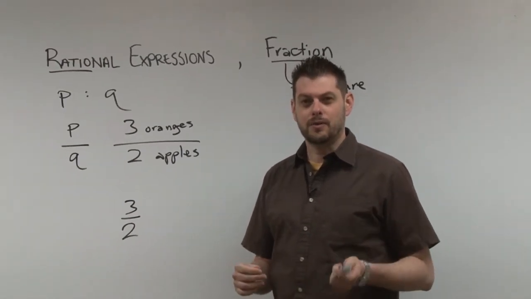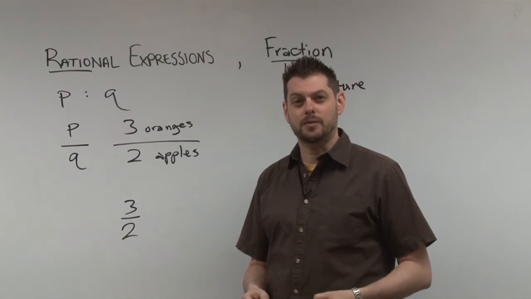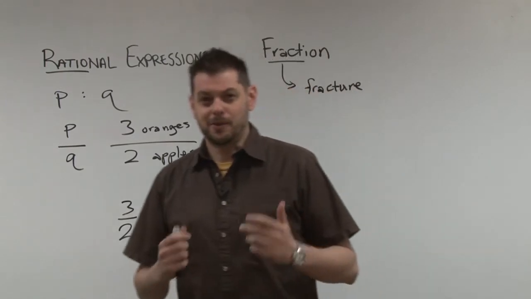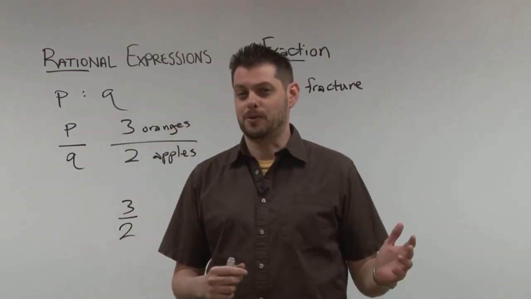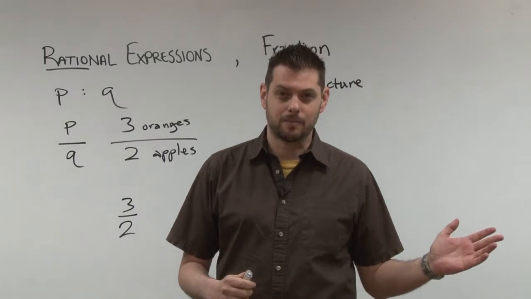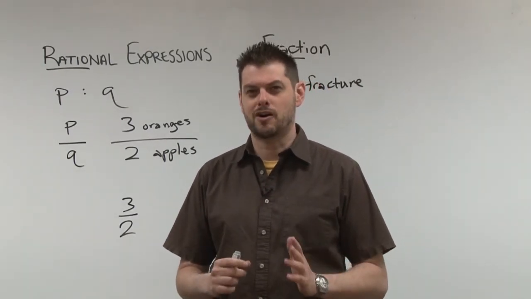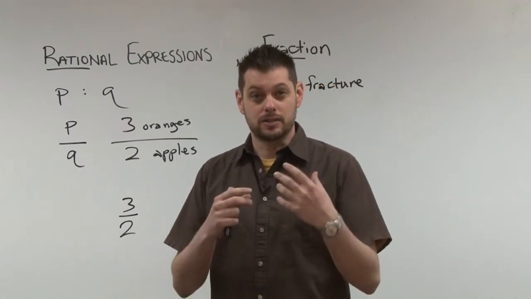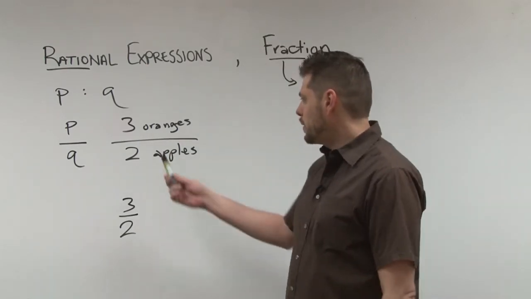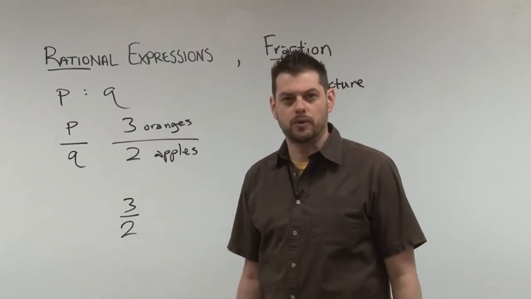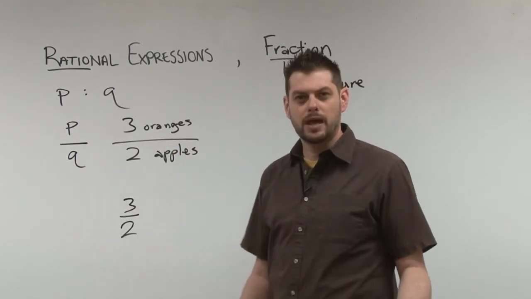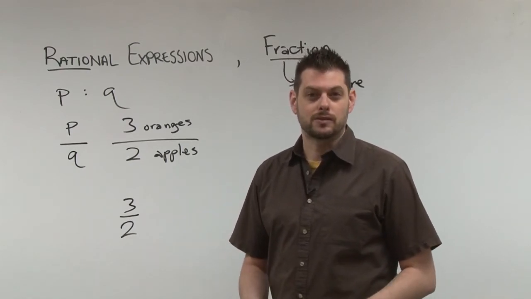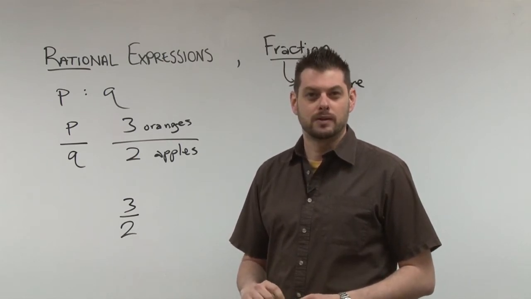Now, the question that I want to ask is, why is this comparison valuable? Why do we use these things? And where did this idea come from? Well, to do that, we can talk about the origin of mathematics and spend a whole lot of time, so I'll try not to do that. I'll try to just talk about how we get from whole groups of oranges and apples to just fractions of things. Think about people who would have hundreds of apples or oranges or hundreds of sheep and goats.